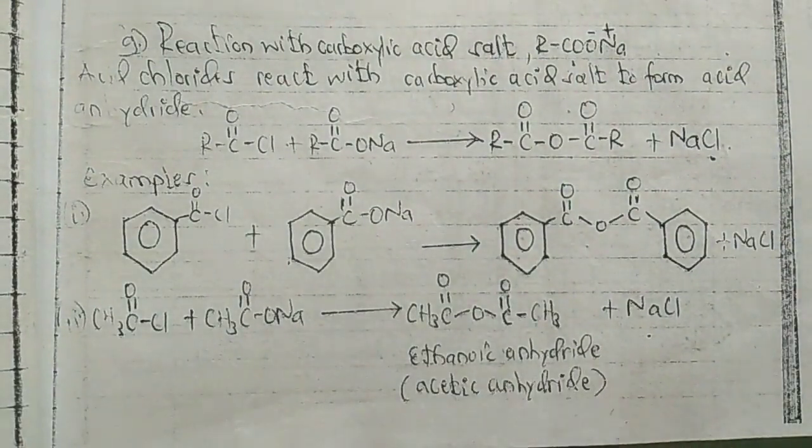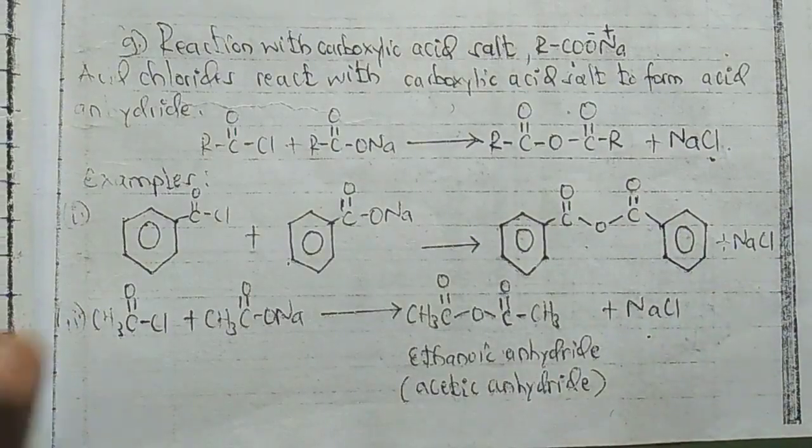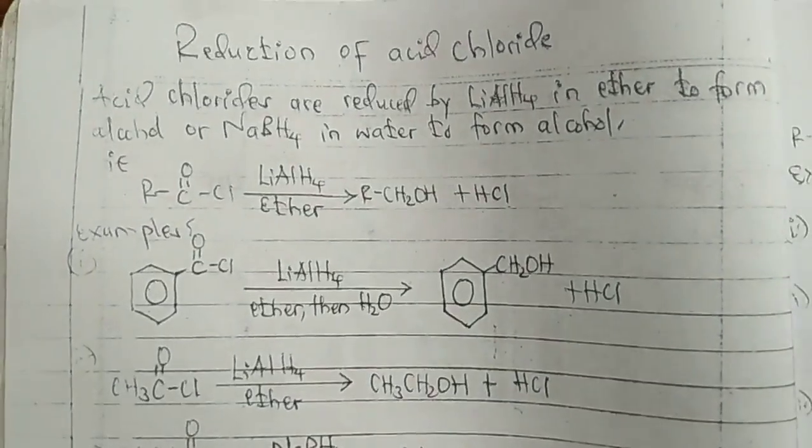ethanoic anhydride, kuna huyo hapa ni benzoic anhydride na acid anhydride wengine ambao wanatokana na reaction of acyl chloride with the carboxylic acid salt.